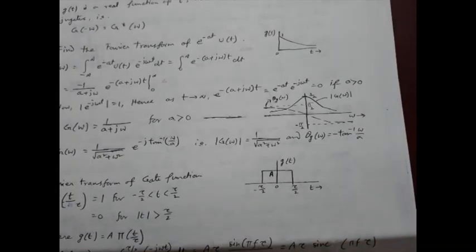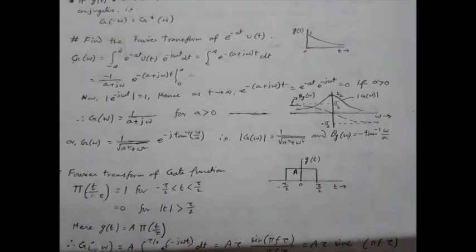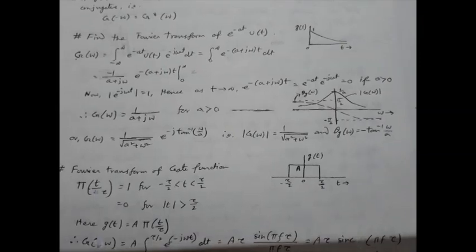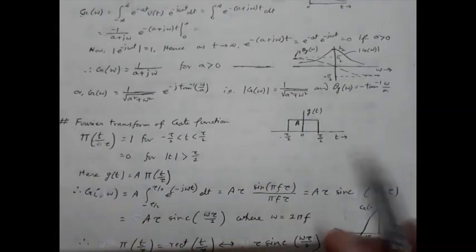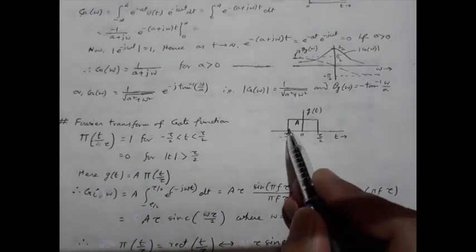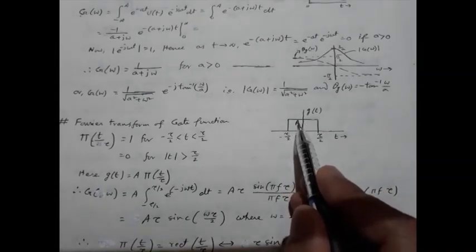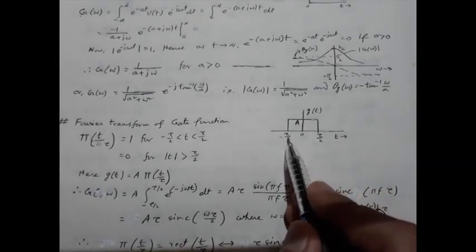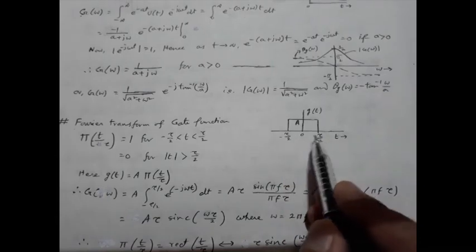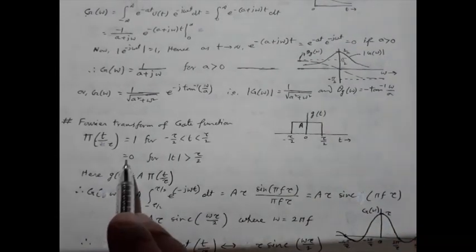Similarly, if we have a gate function g(t), the value of g(t) is A from minus tau by 2 to plus tau by 2, and 0 otherwise.